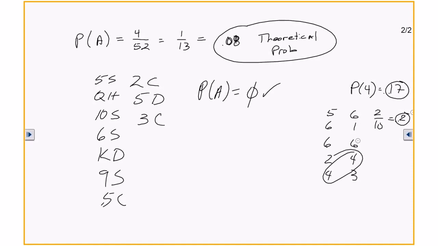Now, the part about a die that you don't understand is a die is more random than a deck of cards. The reason it's more random is because you could drop it the same place every single time and it ends up somewhere totally different. It's called chaos theory. The reason it's chaotic is because it has how many corners? 1, 2, 3, 4, 5, 6, 7, 8.